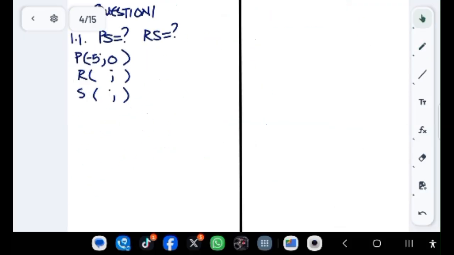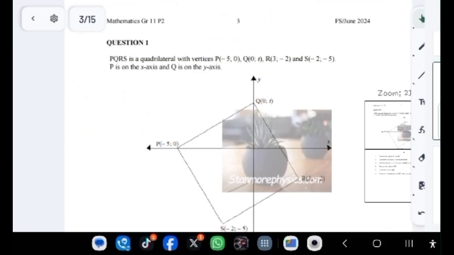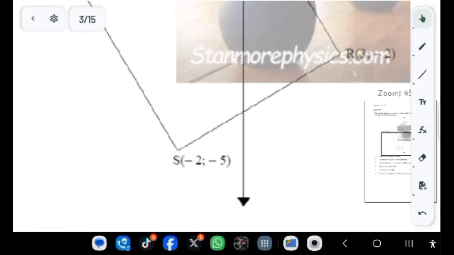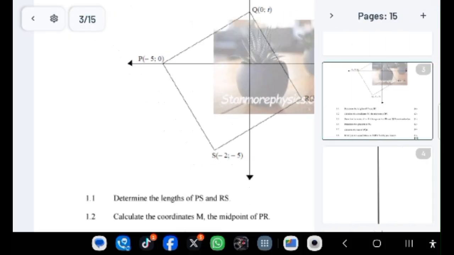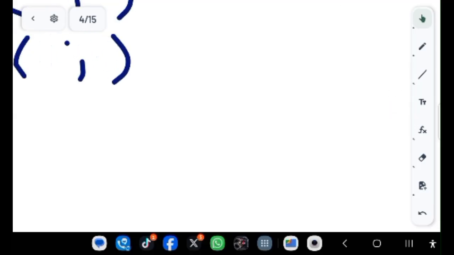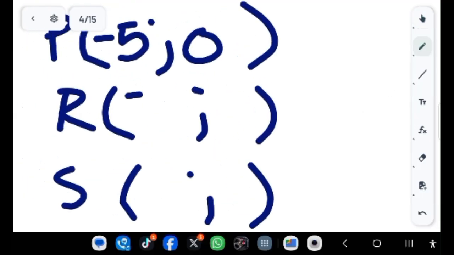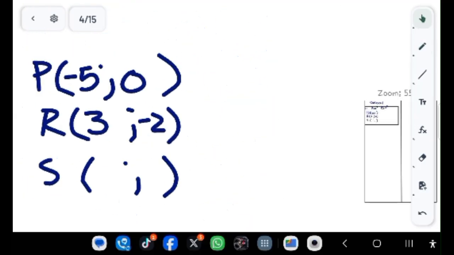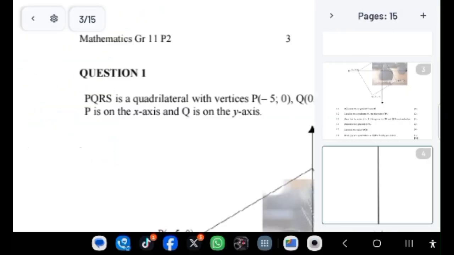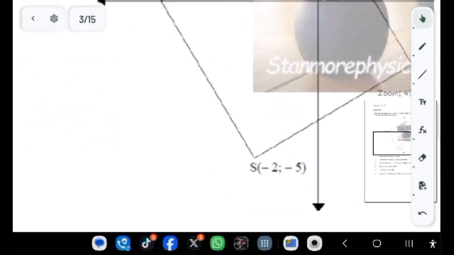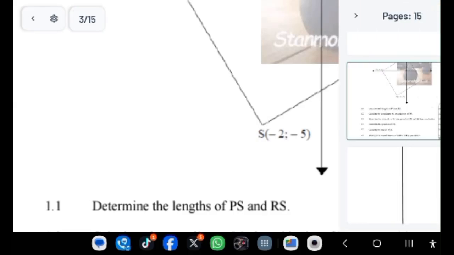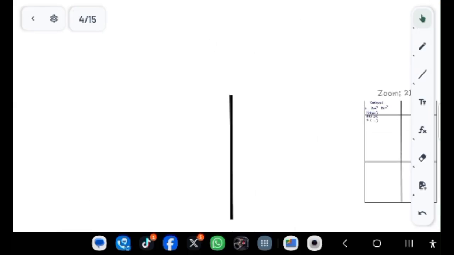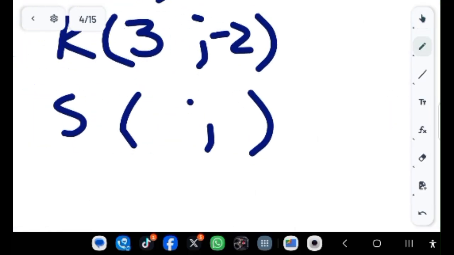The coordinates of R are 3, -2. And the coordinates of S are -2, -5. Now let's calculate.